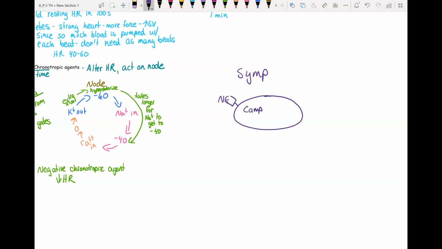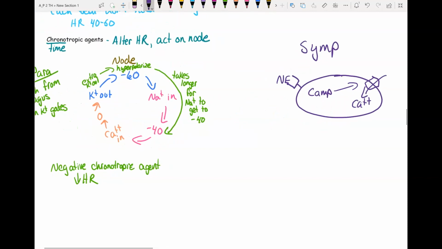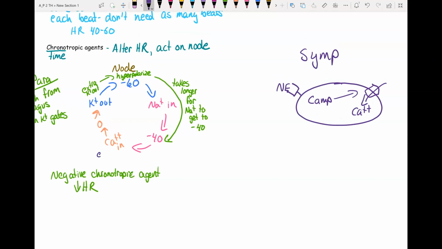That activates cAMP. cAMP then opens a calcium gate and lets extra calcium in. So when you have norepinephrine, you get extra calcium in. That means you go through this part faster. You go from -40 to 0 faster.